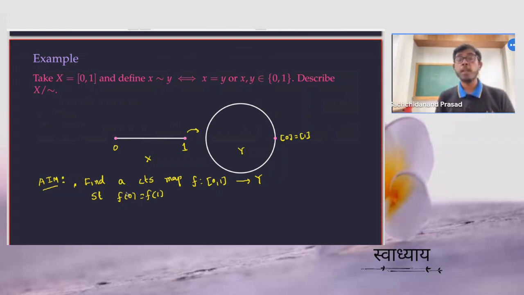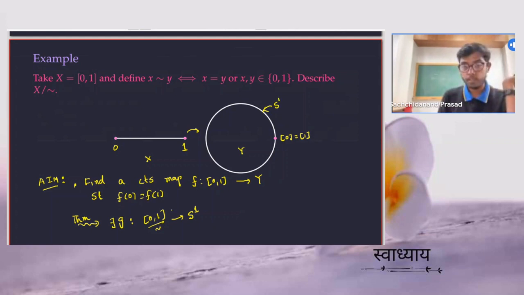And if this is true, then by the theorem there exists a g from the quotient space to S1, where S1 is the circle. And that's continuous. So our main job is over: we got a continuous function from the quotient space to the circle. Now we only need to show that this map is a homeomorphism, then we are done.